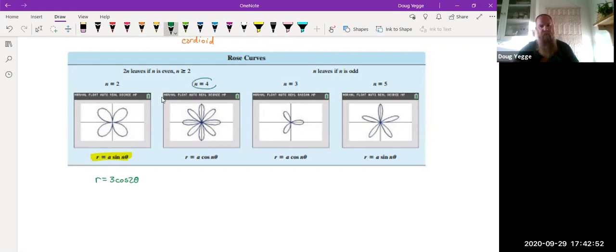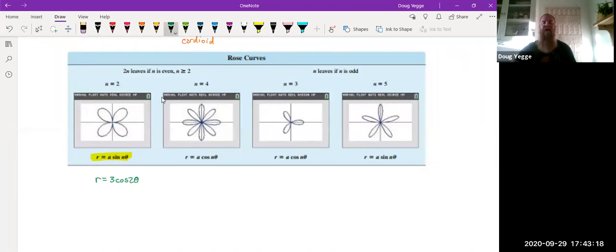If the n value is 4, then we have 8 loops. And so it looks like we've doubled the amount of loops. But if the n value happens to be odd, notice that an n value of 3 gives 3 loops, and an n value of 5 gives 5 loops.